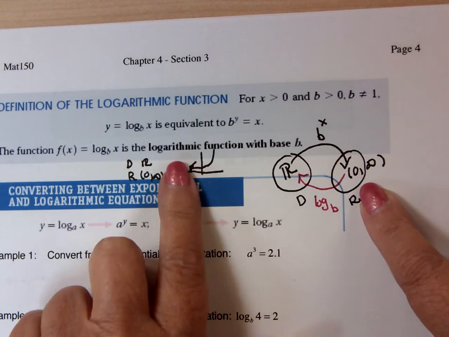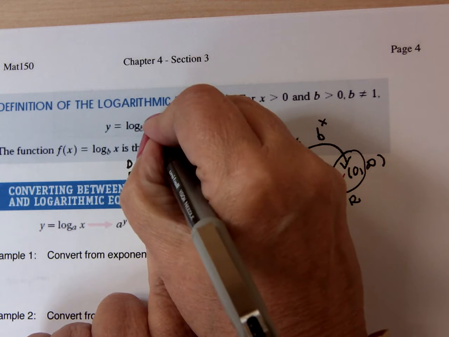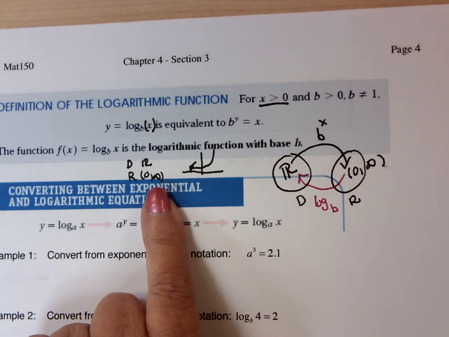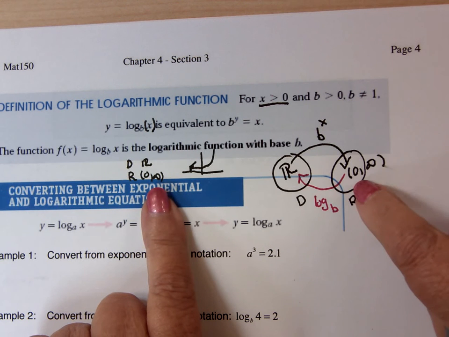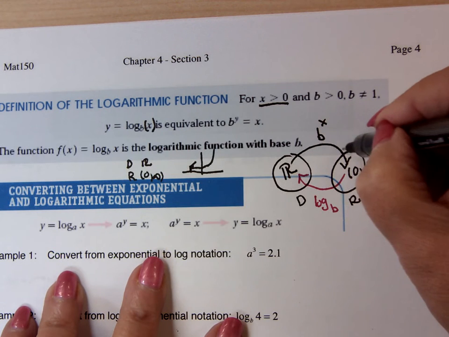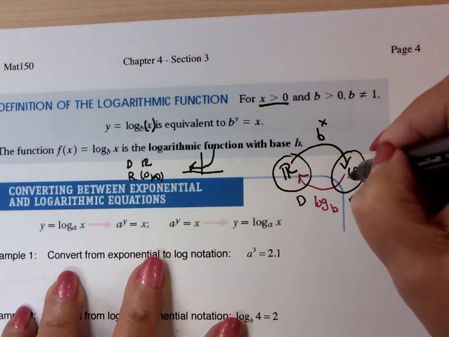That's why whatever you're taking the logarithm of has to be a positive number, because the only things in its world are positive numbers, not including 0. Okay, so exponential takes it over, logarithm brings it back.